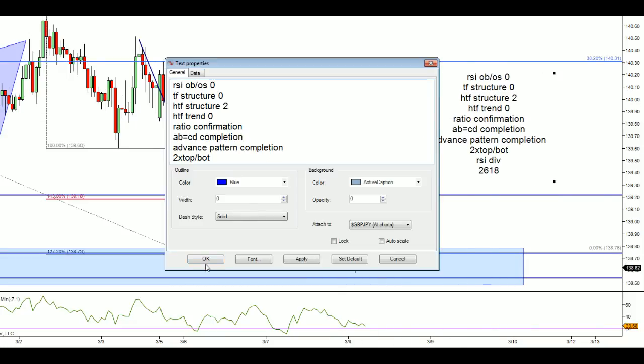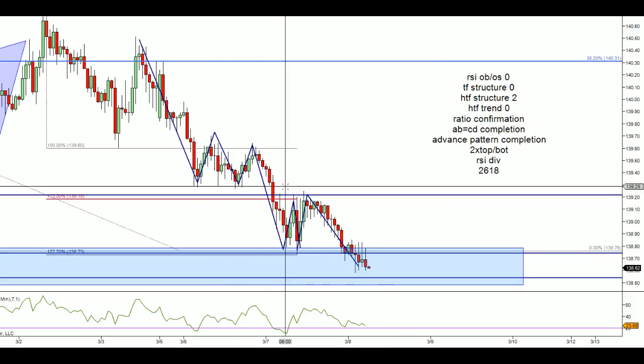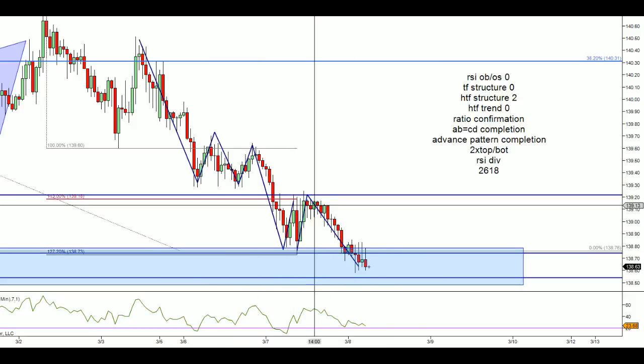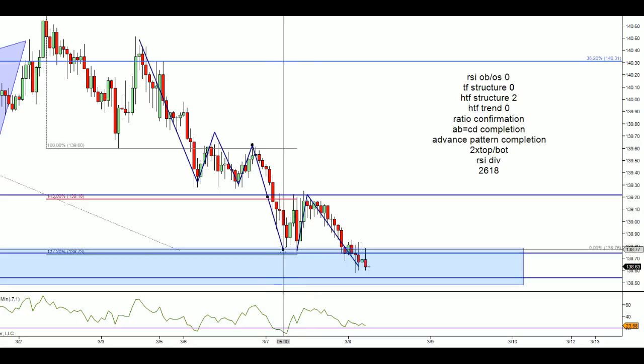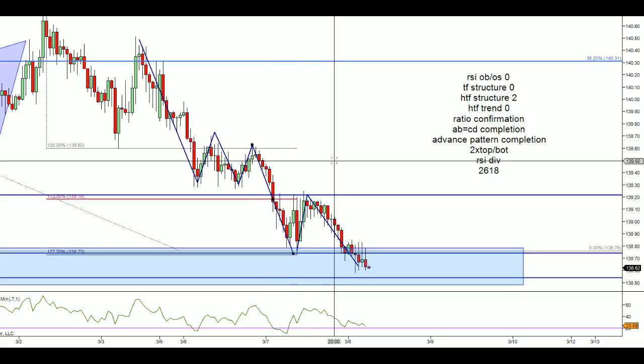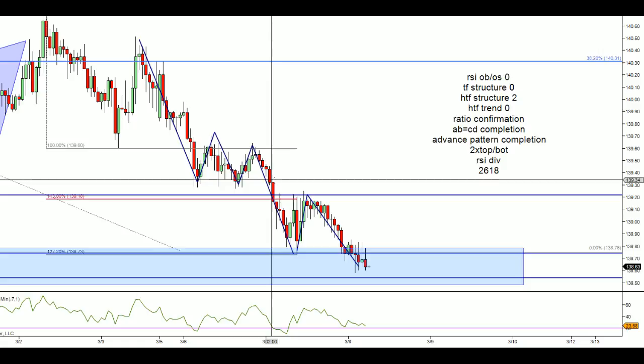Okay. So let's delete this double bottom here and just look for this level. Let's delete this one.